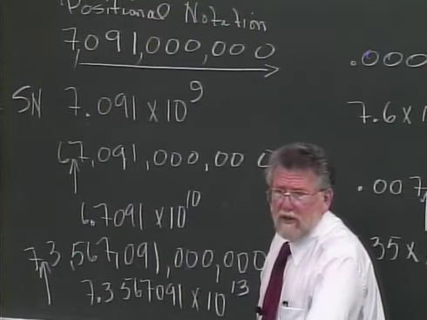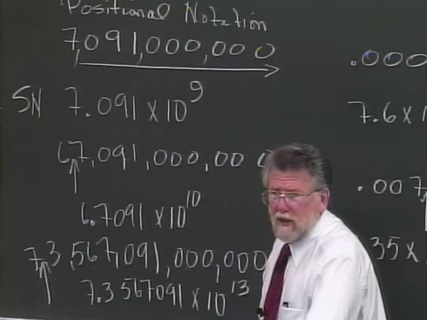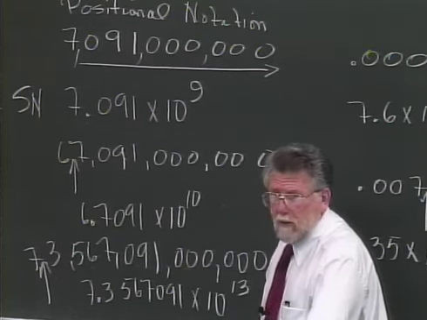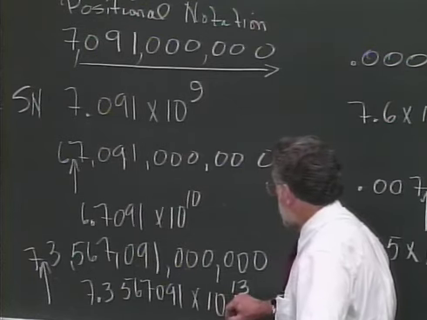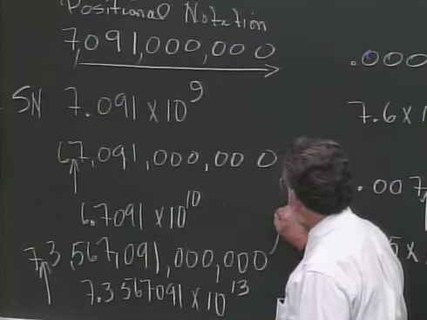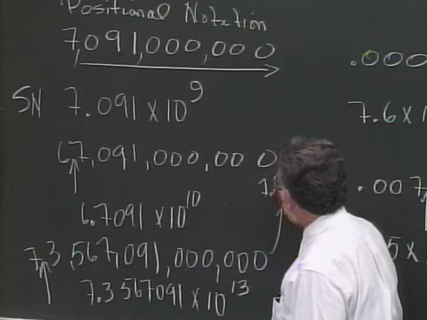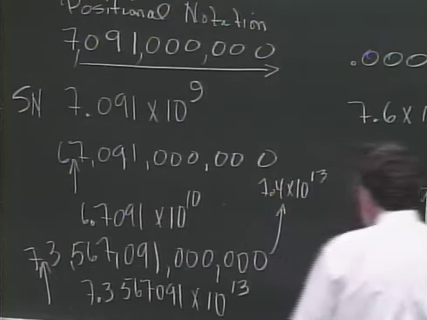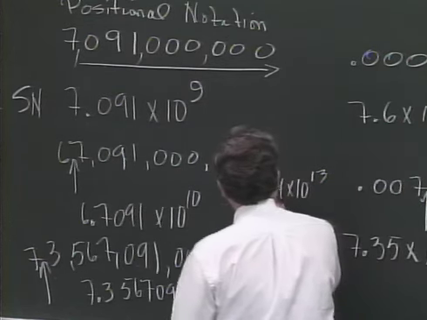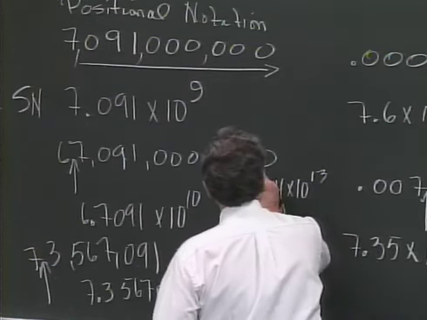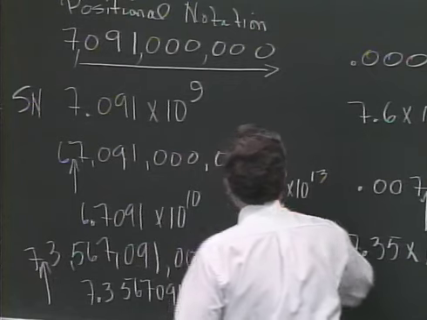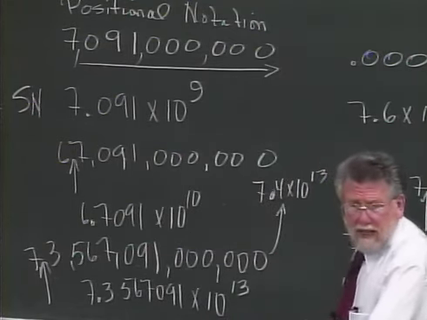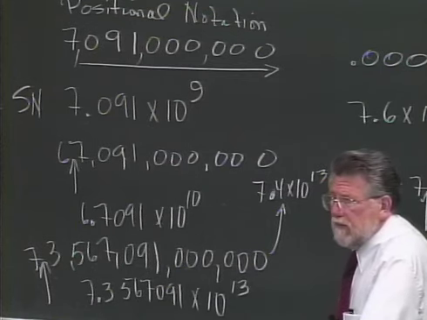We lose some accuracy usually when we do scientific notation. So one more time. This most likely would be written as 7.4 times 10 to the 13th, and that's not a very readable 7. I don't have any idea what that looks like. But it would be something like this, 7.4 times 10 to the 13th. That's what you would see reported.